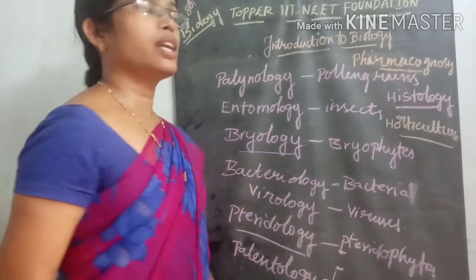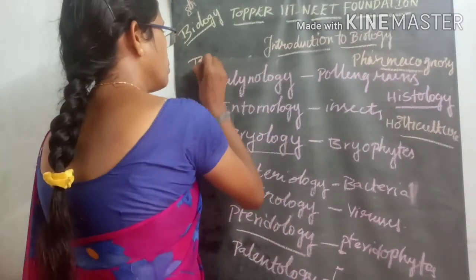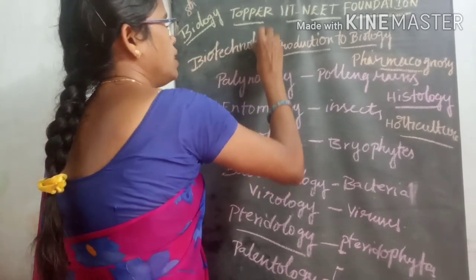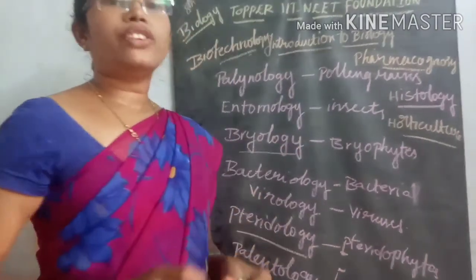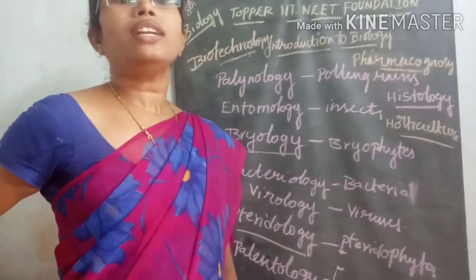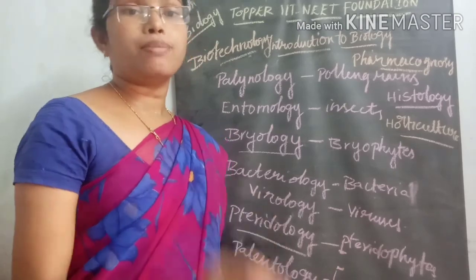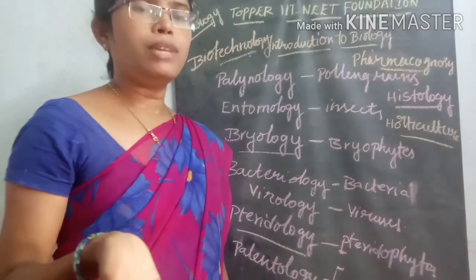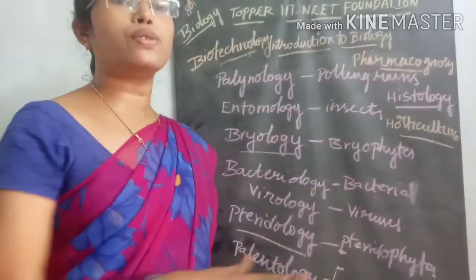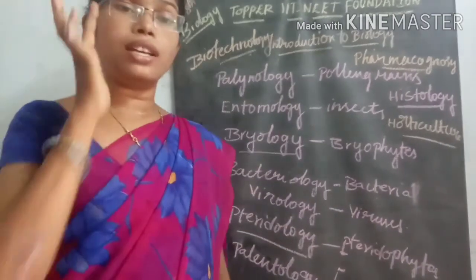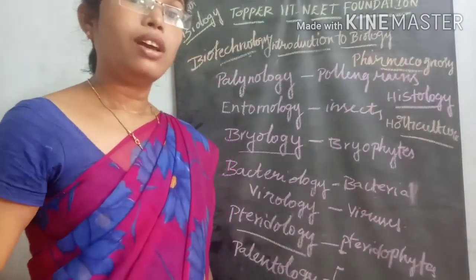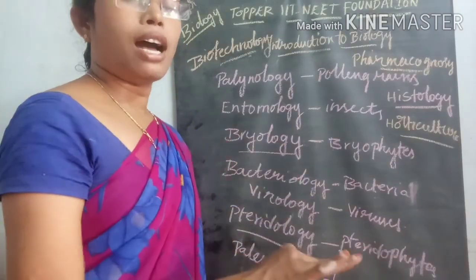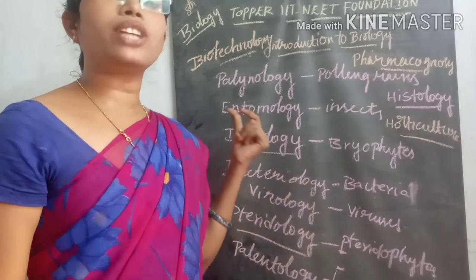And another one is called biotechnology. What is that? Most important, biotechnology. So biotechnology means the study of different varieties of organisms using technology. We use technology for the growth of different types of organisms, so those varieties of organisms we grow in laboratory conditions using different techniques.